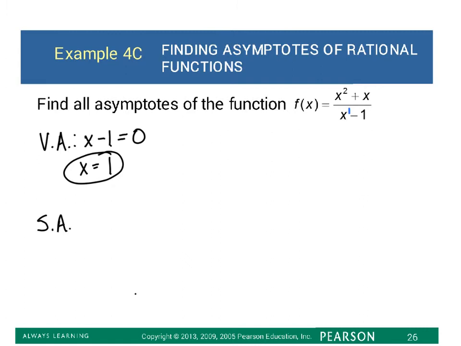So we can label it slant asymptote, SA, or oblique asymptote, OA. I like using SA. And for this one right here, we can use synthetic division to help us.